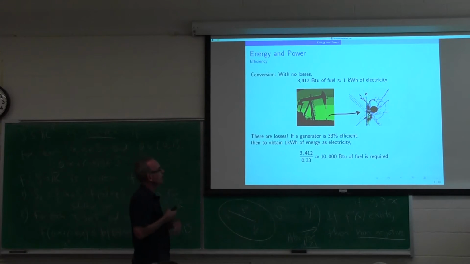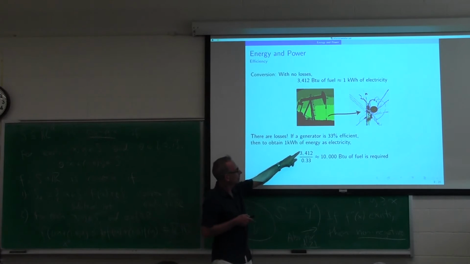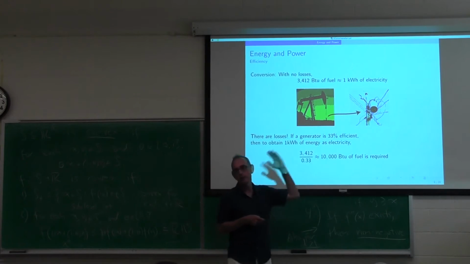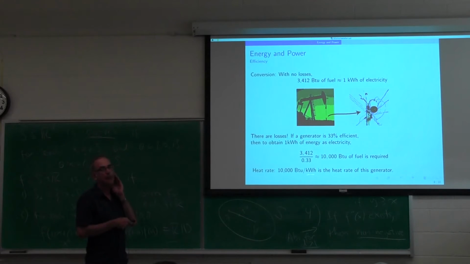So you have this ideal, but you have to divide it by 0.33. You need 10,000 BTUs of fuel to get 1 kilowatt hour of energy. That's a really crappy generator. That's called the heat rate.